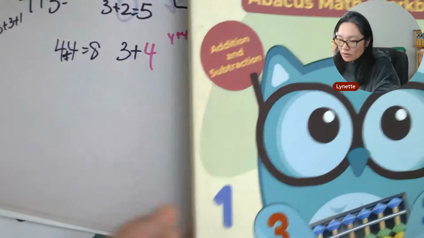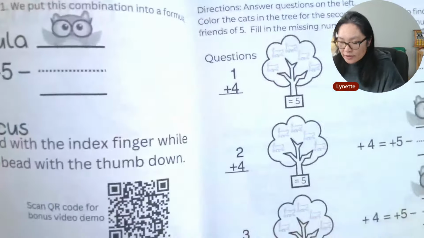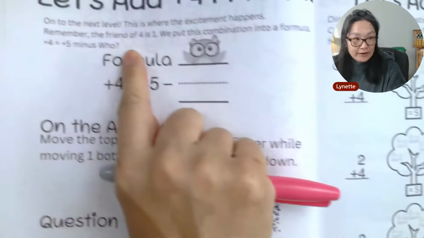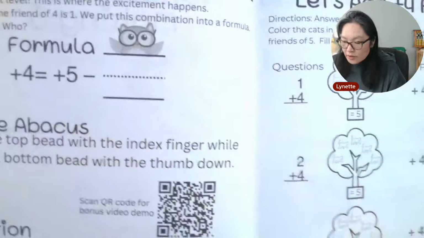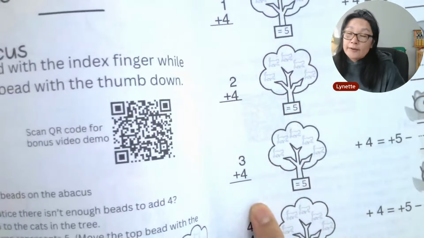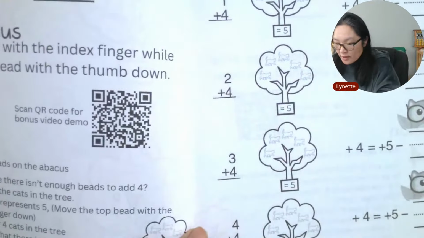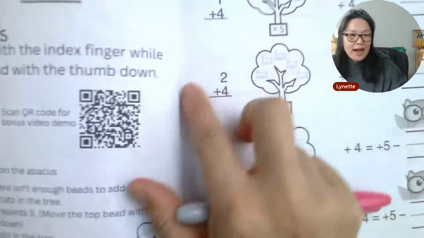So in this level, where we do the +5, there are instructions, right? How to add the 5, and then how to add the 4. There are questions to strengthen, to enforce what the 4 is and how we use it.